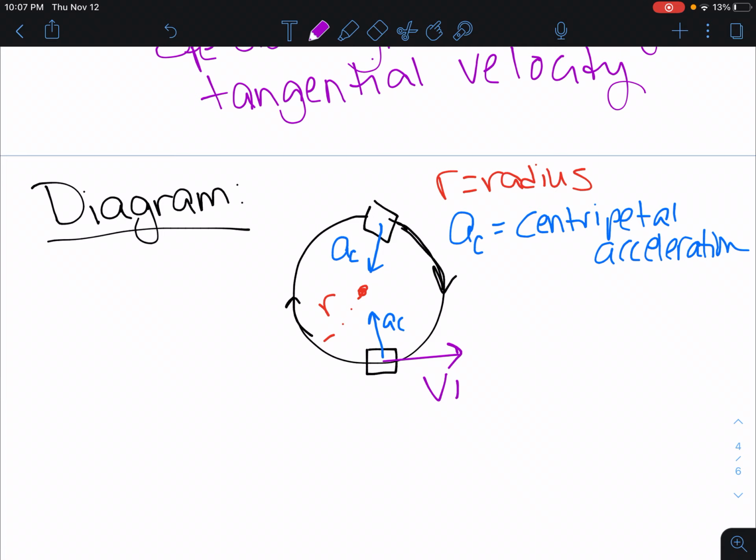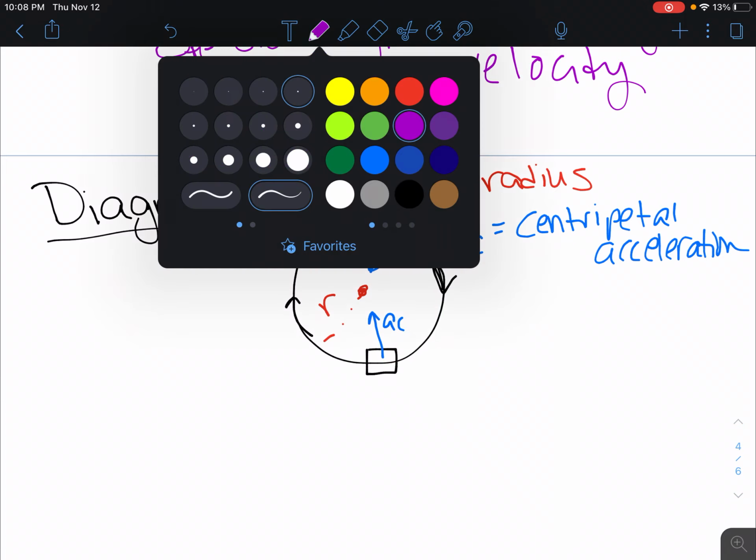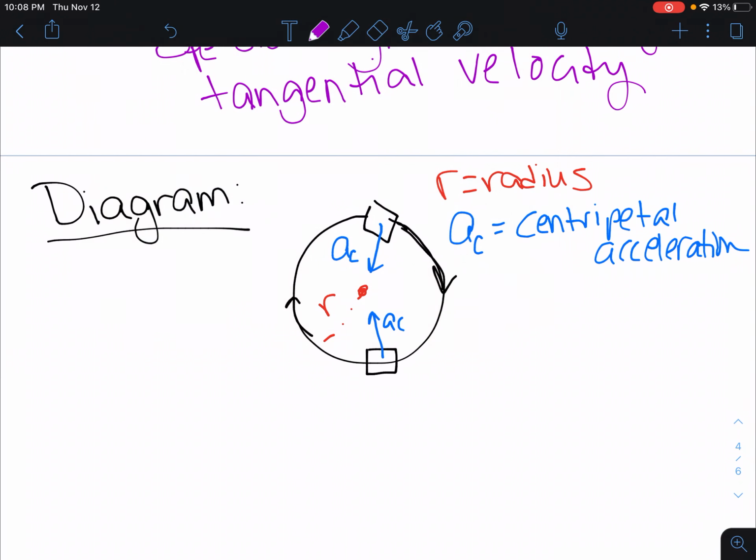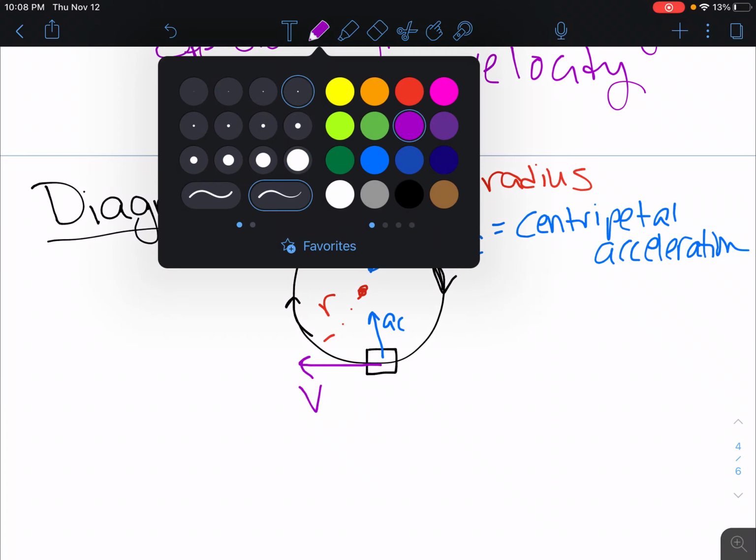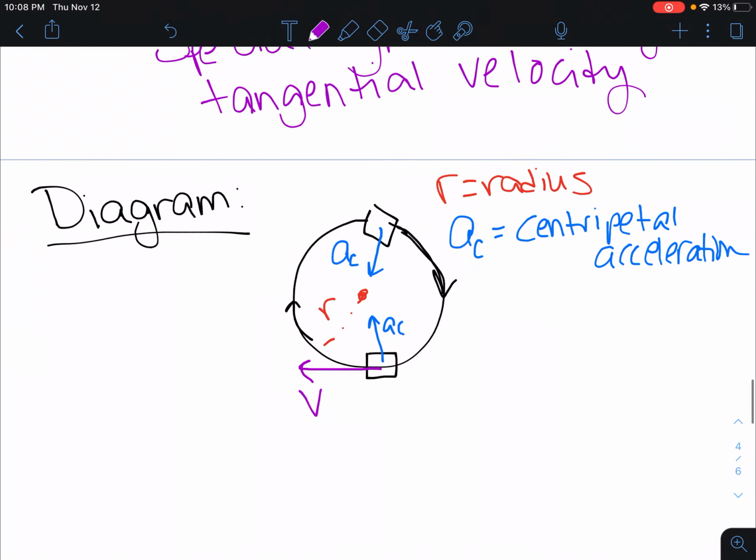Oh, and in the direction of motion, which that one is definitely not in the direction of motion. Sorry, I hope you didn't start drawing that. Let's try this again. Tangential velocity is tangent to the circular path and in the direction of motion. I'm going to try and be better about my subscripts. Okay, so that should be a subscript of a T.